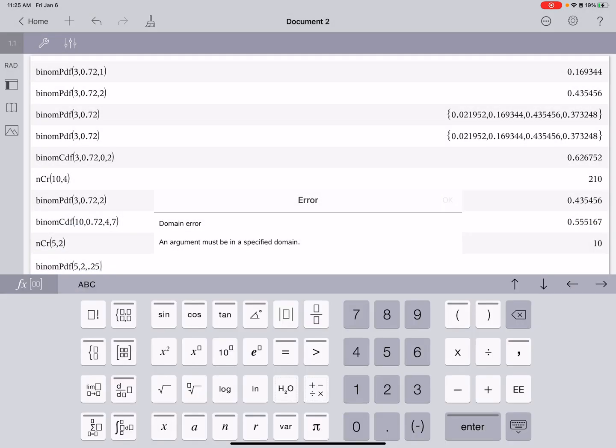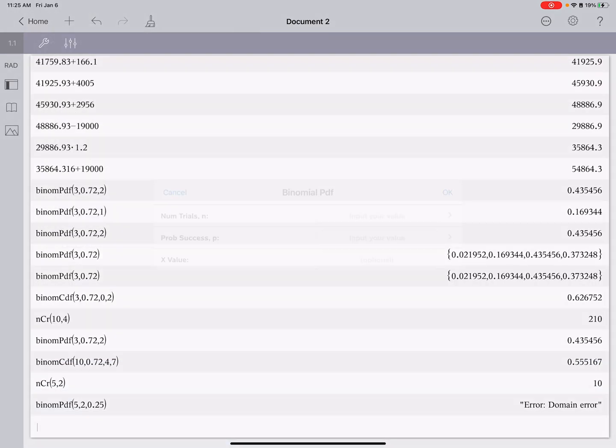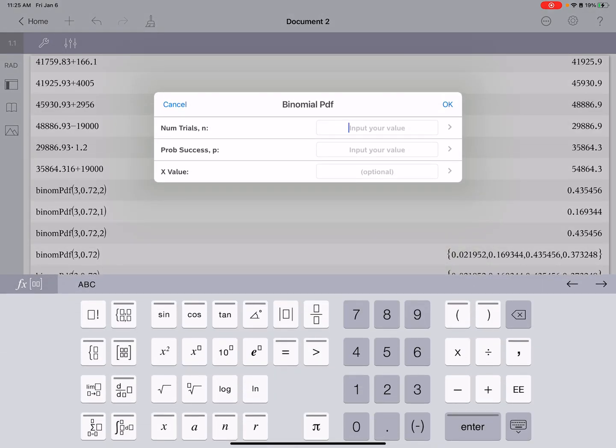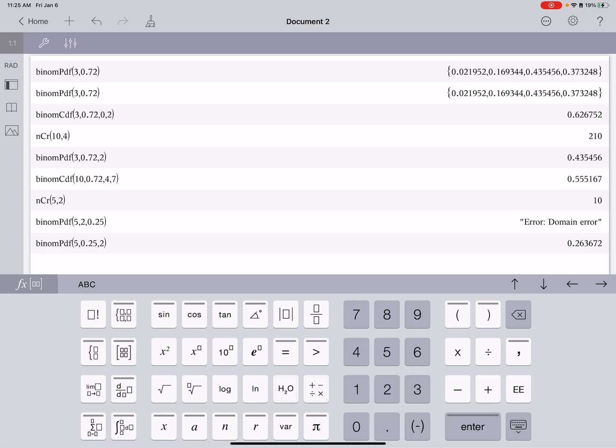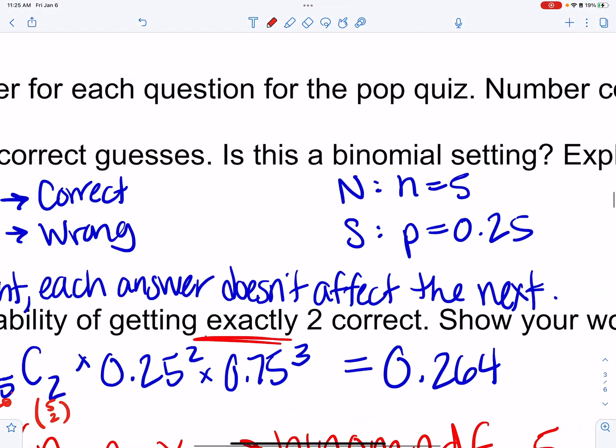That says I messed up on something. Let me go back and see what I did wrong. Oh, I know what I did. I said 2 successes, I meant probability of success is 0.25. I wrote them in the wrong one, and then that's going to be 2. Okay, there we go. That's much better. So 0.2636, and of course, that's the same thing that we got.